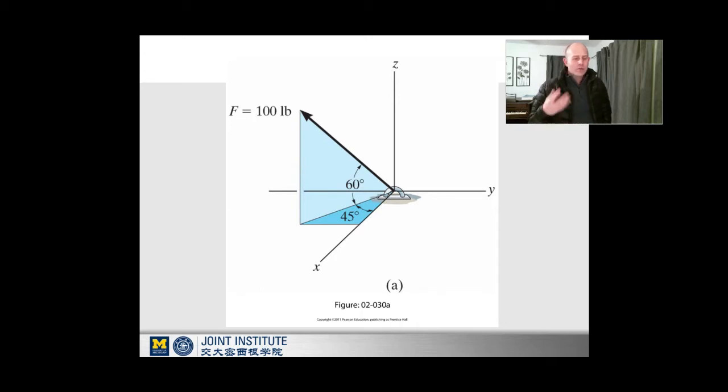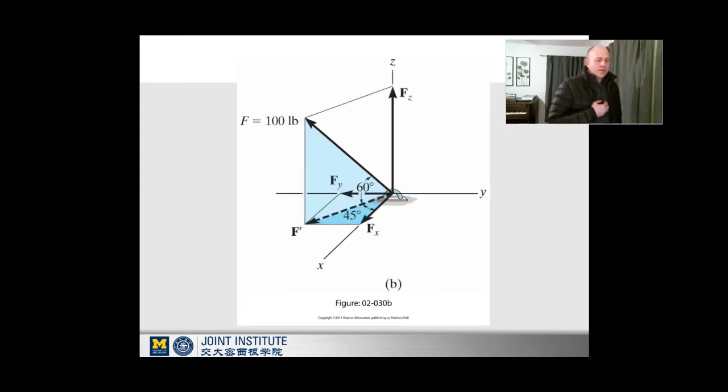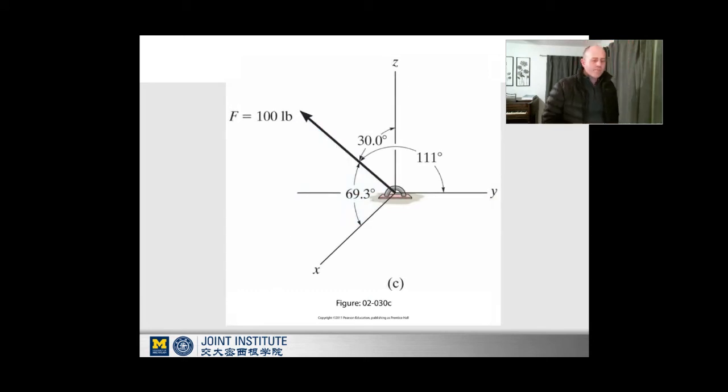So we use the projections to be able to define the magnitudes in the different coordinate directions. You can see here the projection is taken. The 100-pound force F becomes F prime as the projection, and then with a 45-degree angle on that projection, you can define the Fx and Fy, and then of course the Fz in the vertical axis.